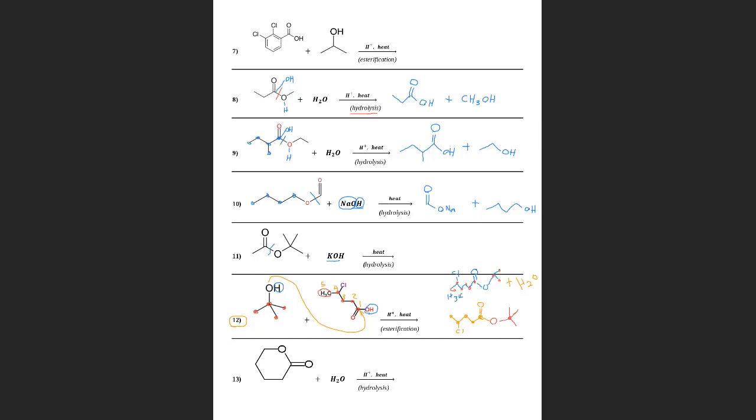Of course, it's base catalyzed hydrolysis. The alcohol is going to remain intact, which means this piece here on the side without the carbonyl is going to get an OH. It's going to get the H. The other side is going to get the OK.